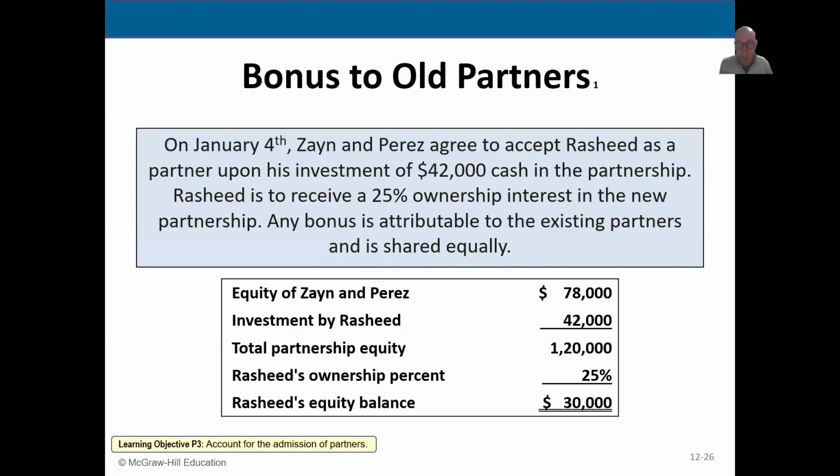Let's say, for example, Kayla and Hector agree to accept Tyrell into the business based off of the investment of $42,000 in cash into the partnership. Tyrell receives 25% ownership in the business. Any bonuses are attributable to the existing partners and are shared equally.